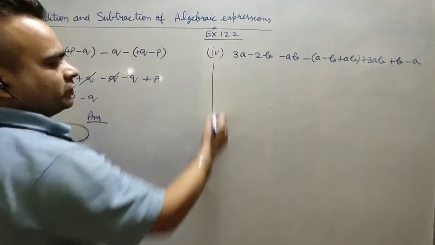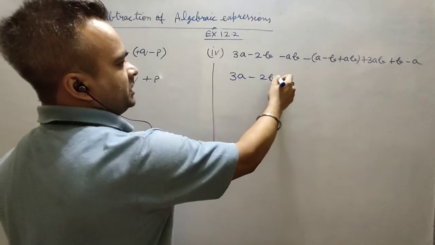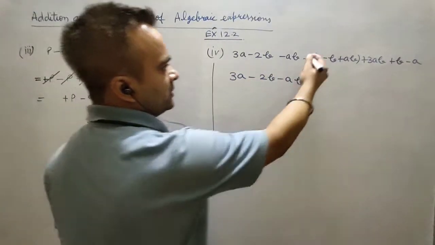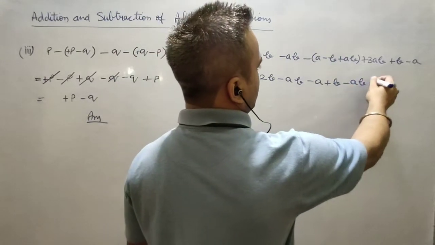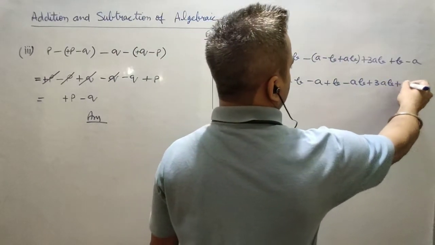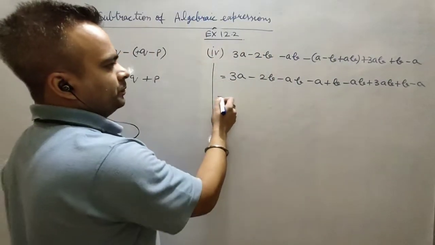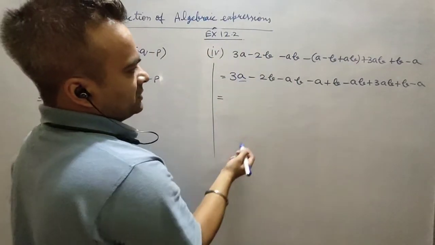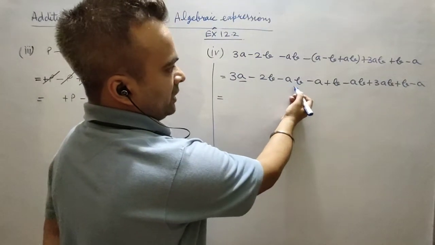Now next is 3a minus 2b. First of all, I am opening the bracket. So it will be minus a, it will be plus b, minus ab, 3ab plus b minus a. Right. So what will I do? First of all, I will check the a family. A family is here. This is the ab family, not the a family.